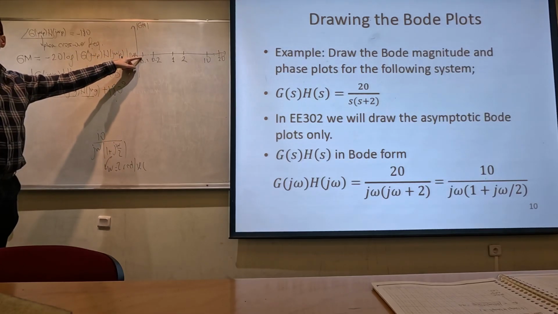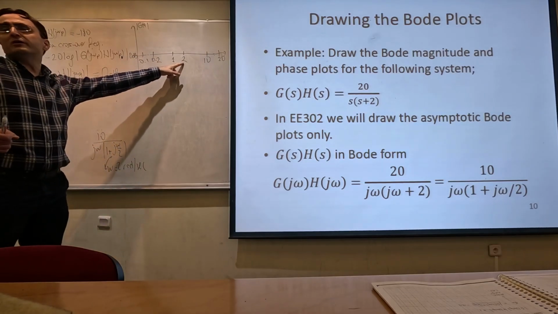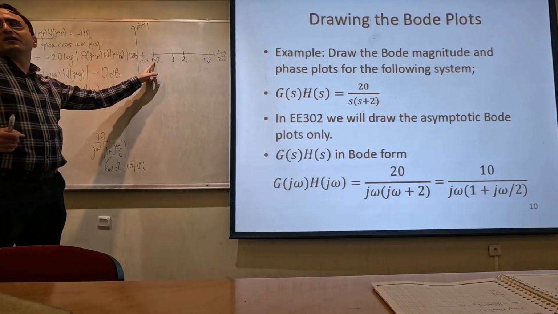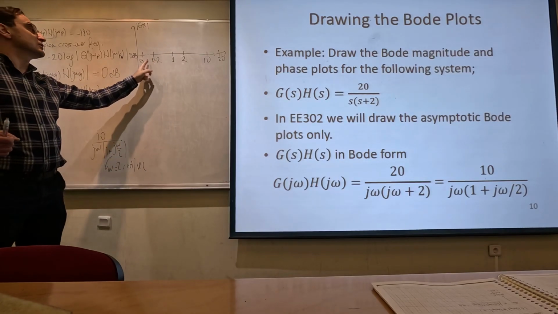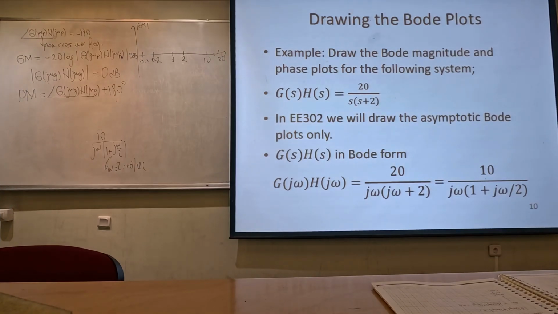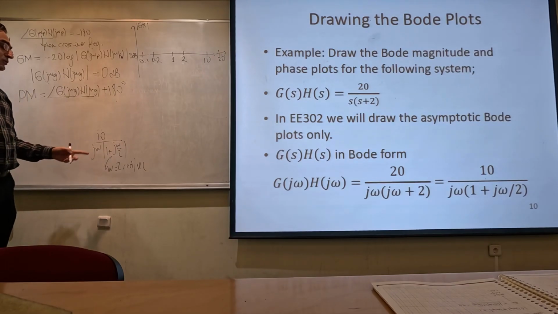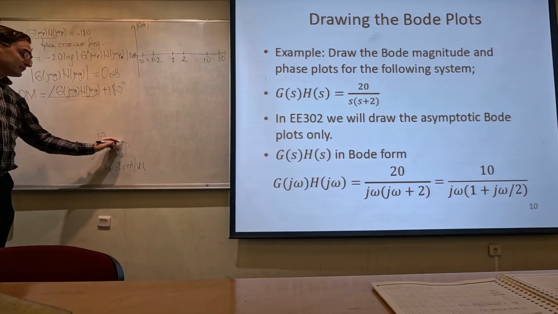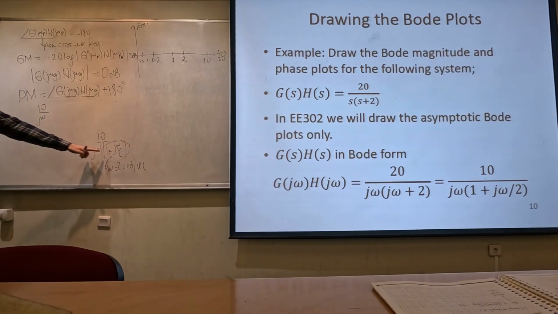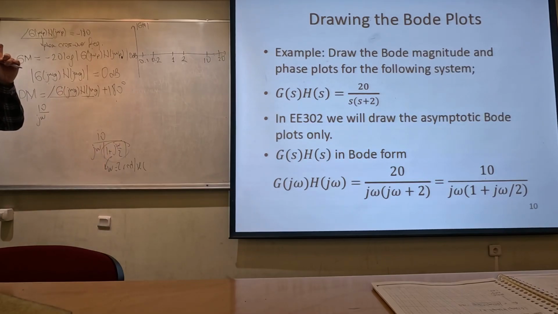If the corner frequency is 2, I'm going to go at least 1 over 10 times that frequency, but for the sake of simplicity I will choose 0.1 as my initial point. At the frequency 0.1, this term can be approximated as 10 over j omega, and this term is going to turn into just the value 1.